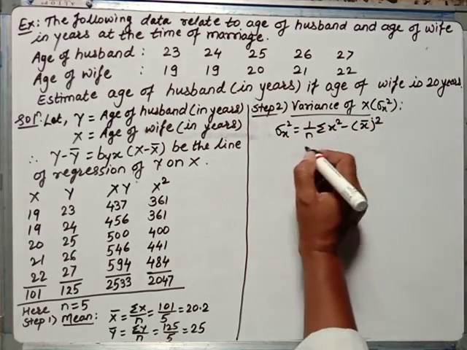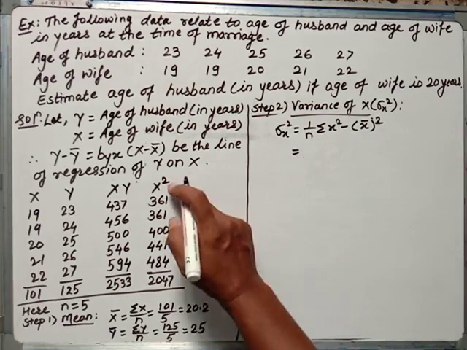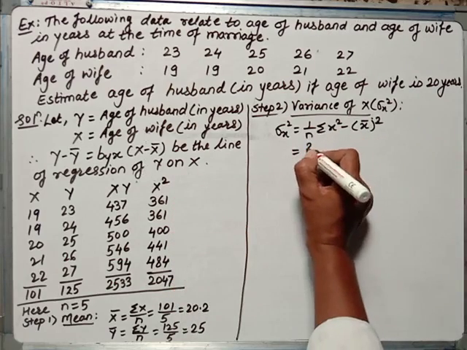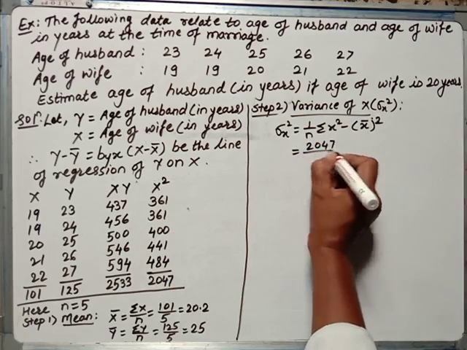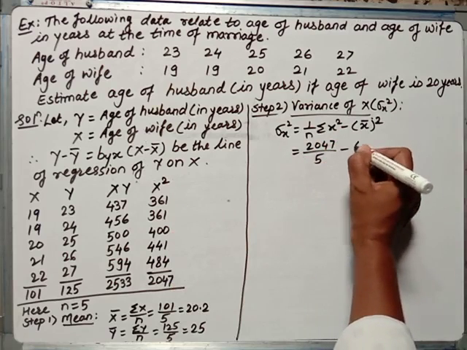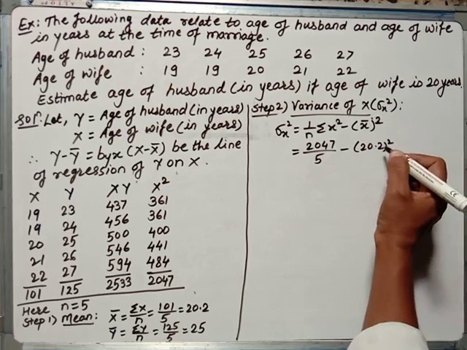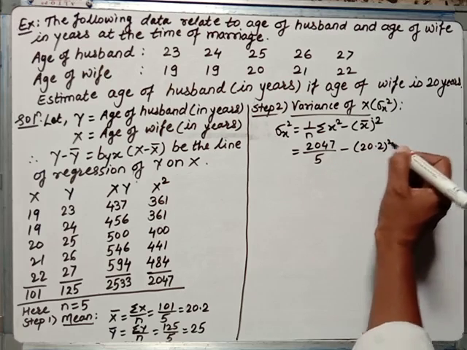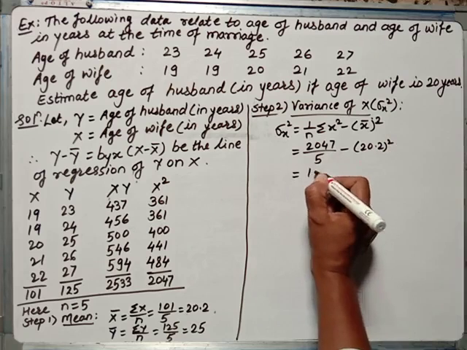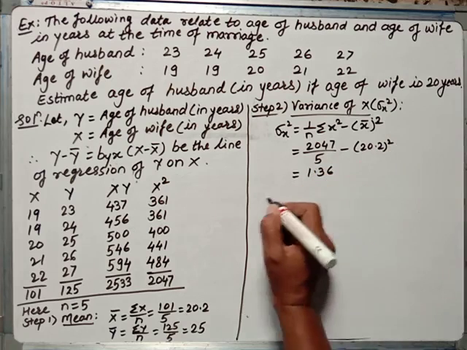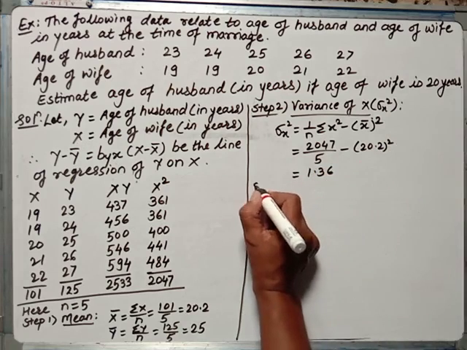We have the summation x square, this one, so 2047 upon 5 minus x bar square, meaning 20.2 square, and this calculation gives us the value 1.36. Okay.